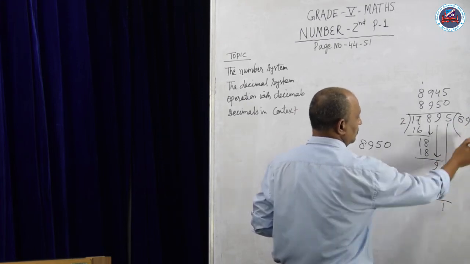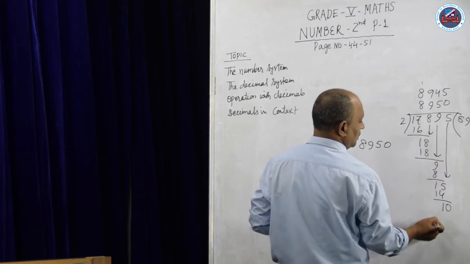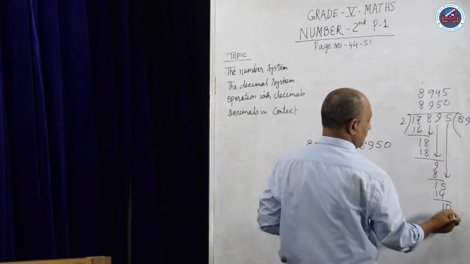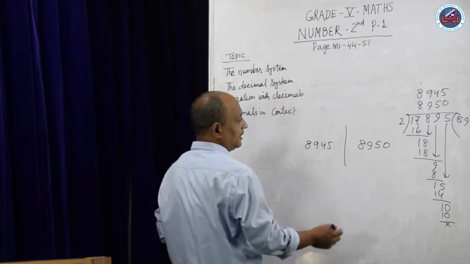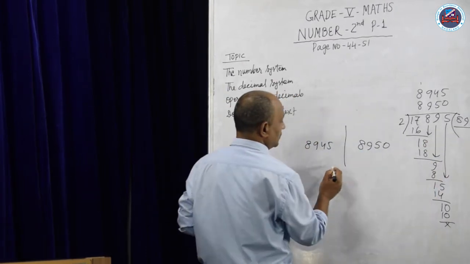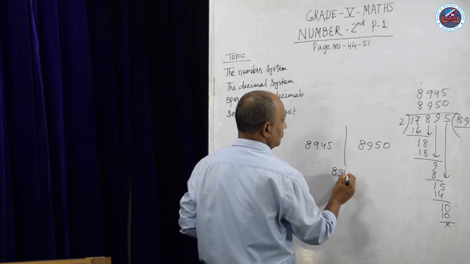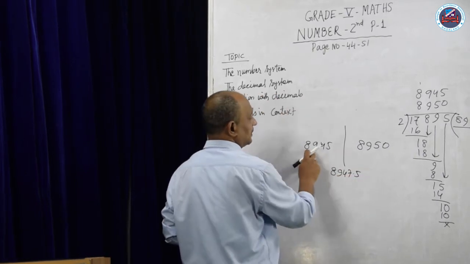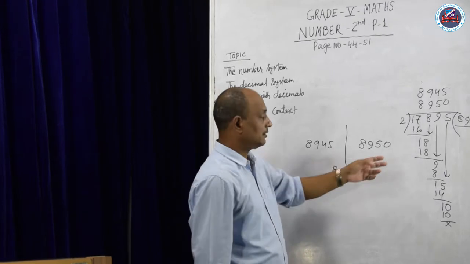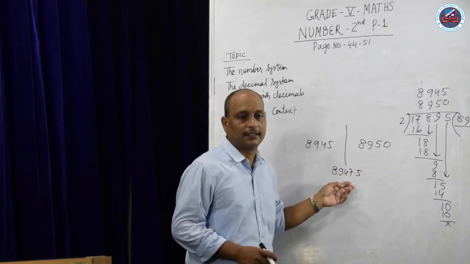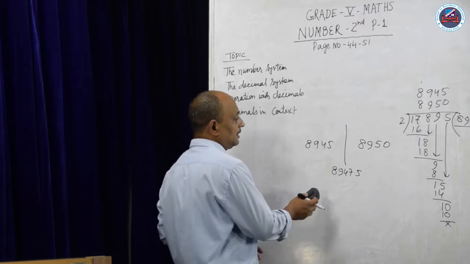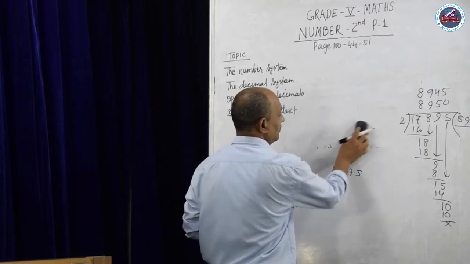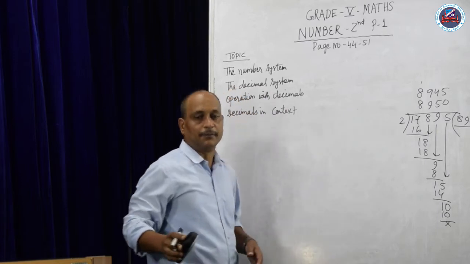So what we'll do, we'll put a decimal and take 10, and 2 5s are 10. Here comes the end of the number. That means this number comes in between these two numbers, that is 8945 and 8950. So this number is exactly in the middle. This is what we call a number halfway between. Between means in the middle.